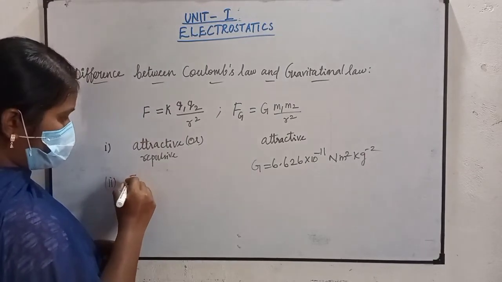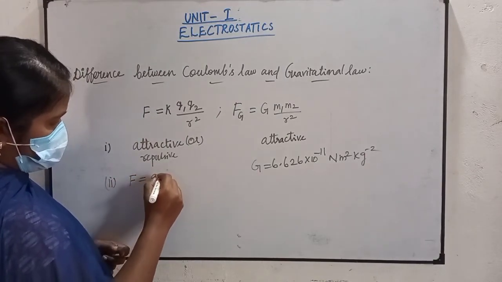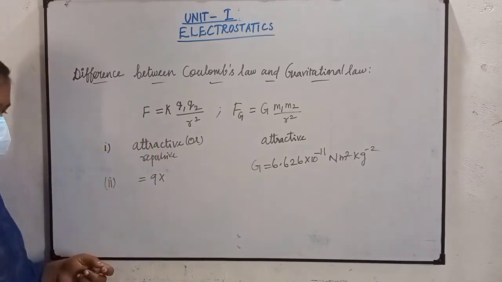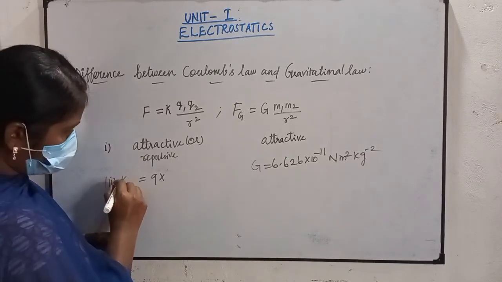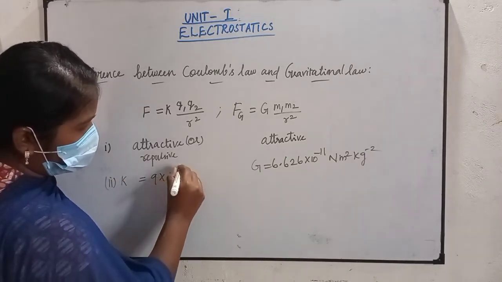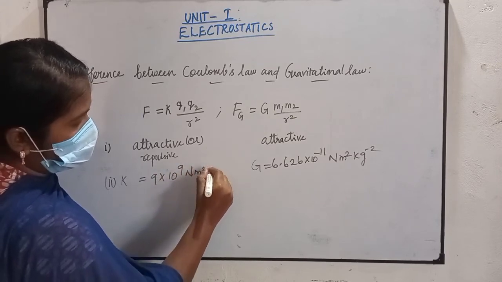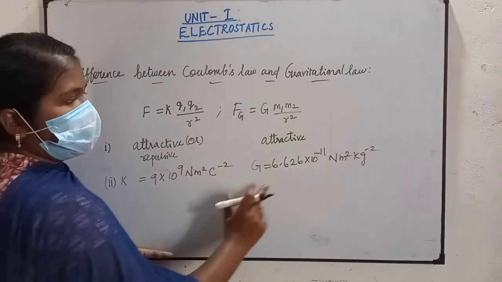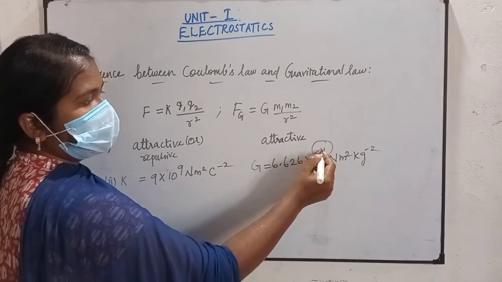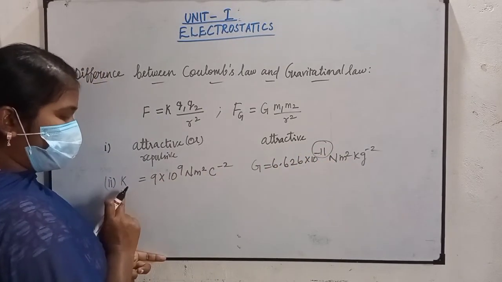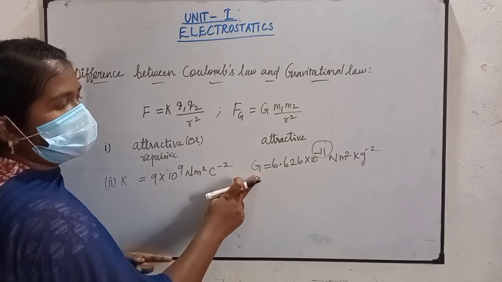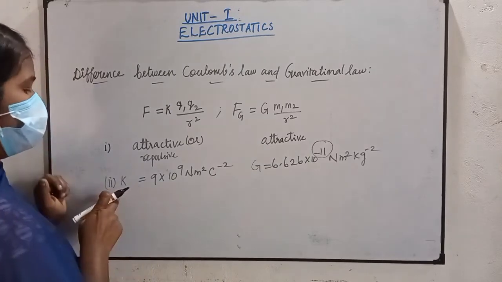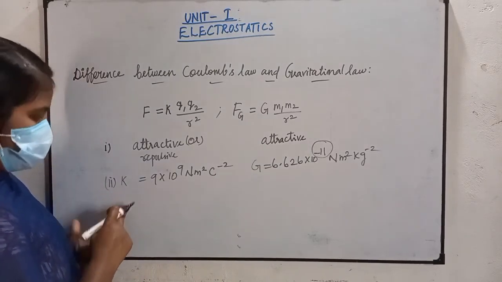And the value of the Coulomb constant is 9 × 10^9 N m²/C². Comparing these two constants, G is very small because it has the exponent minus 11, while K has plus 9. So the K value is very much greater than the gravitational constant. Always the K value is greater in magnitude.